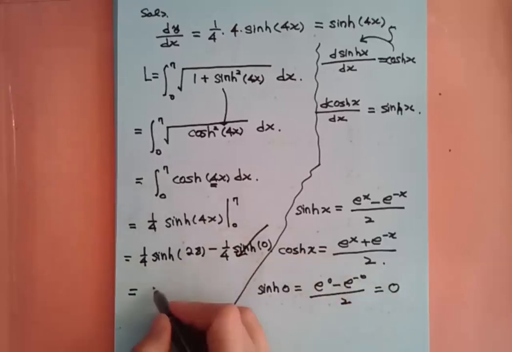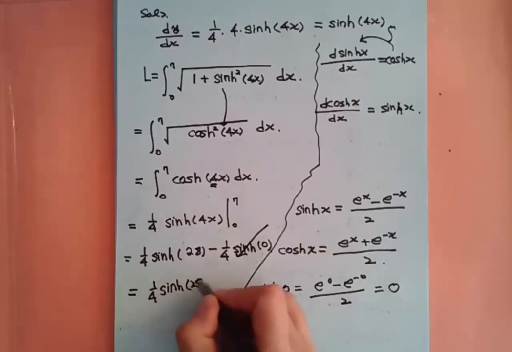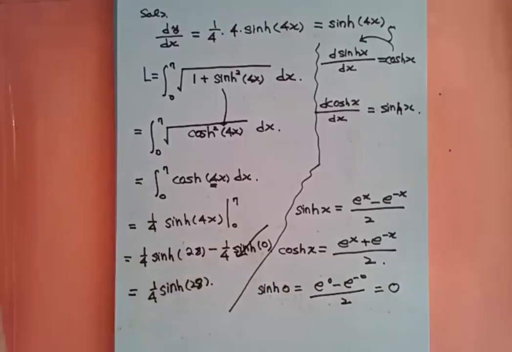So the final answer is 1 over 4 hyperbolic sine of 28. Any question?